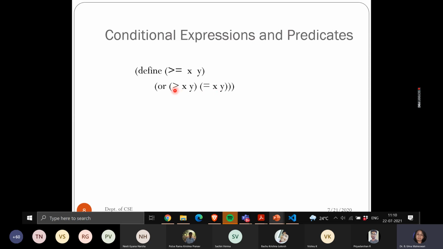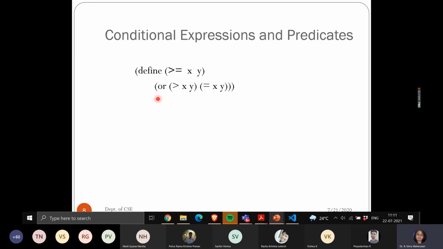Everything is known to the interpreter, how to evaluate greater, equal, everything. So we can write our higher abstraction by using the lower abstraction, which is known to the interpreter. That's what I'm saying.